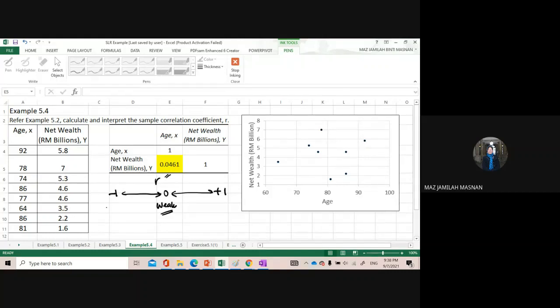So in this case, from the sample correlation, we know that for this particular data, they have a weak relationship. But we still do not know whether it is positive or negative. Class, clear for the second example of the sample correlation R? Clear. Okay, thank you.